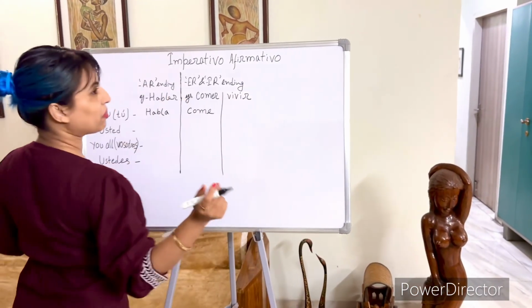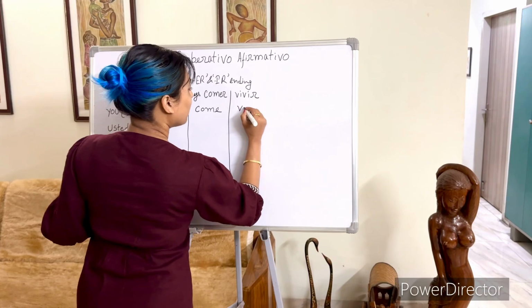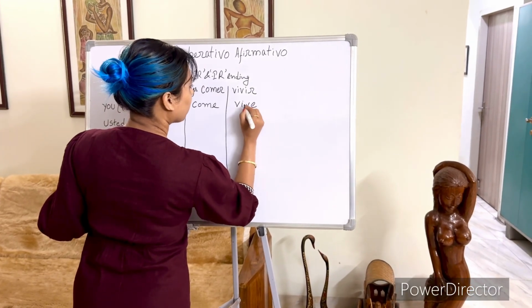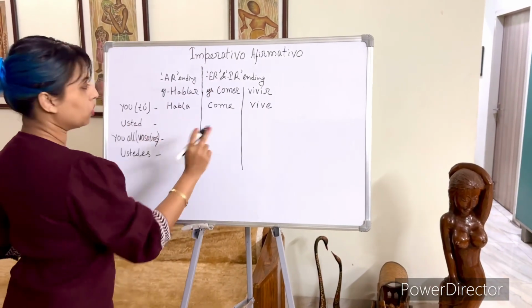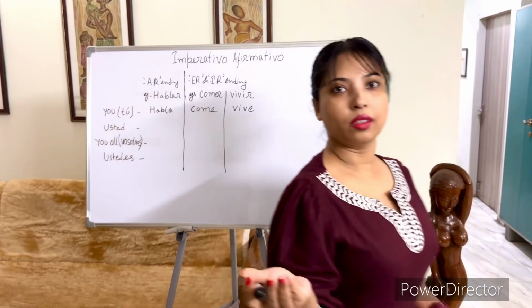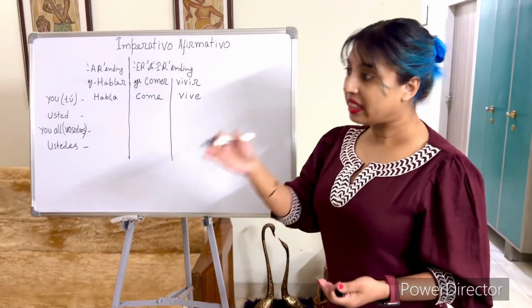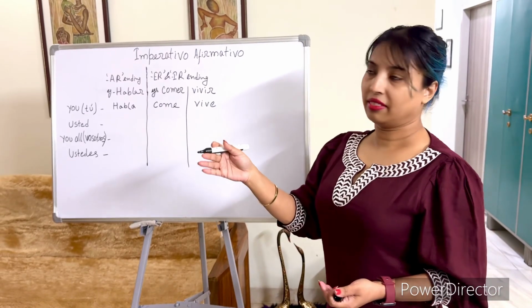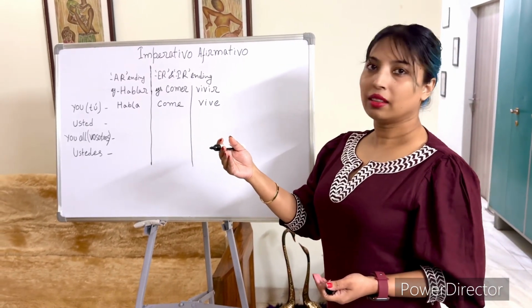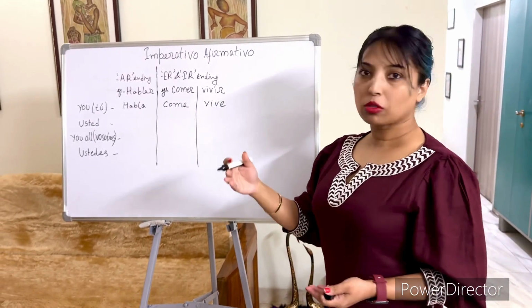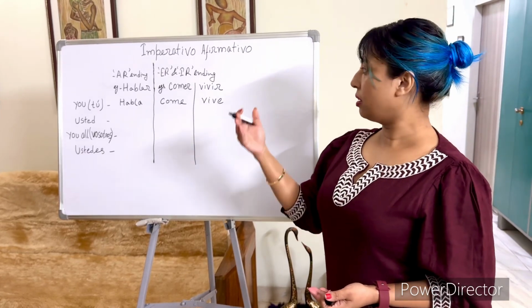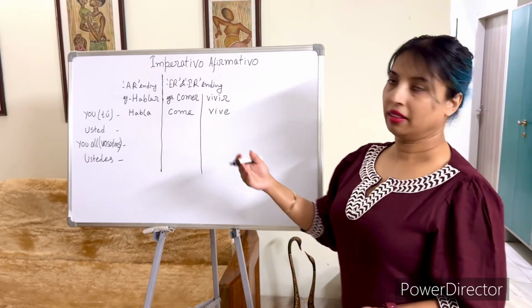So vivo, vives, vive: the third person conjugation would be used for tú, singular number. If I want to say to someone live, that would be vive, vive.